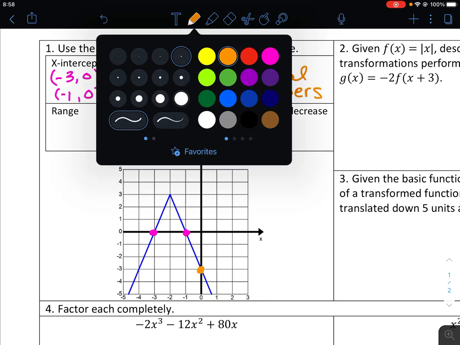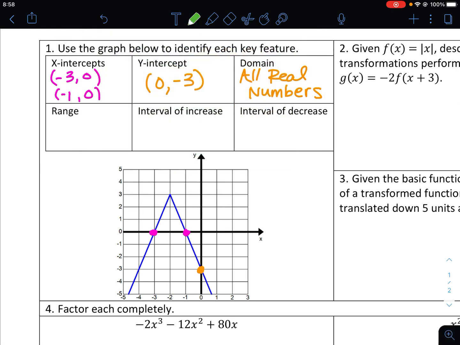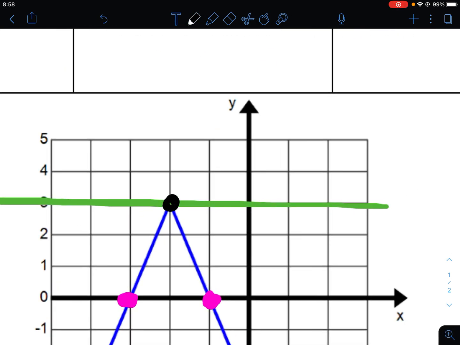Now, for the range, we're actually going from lowest point to highest point, and we want to split our range at that vertex point. So this vertex here is at -2, 3.